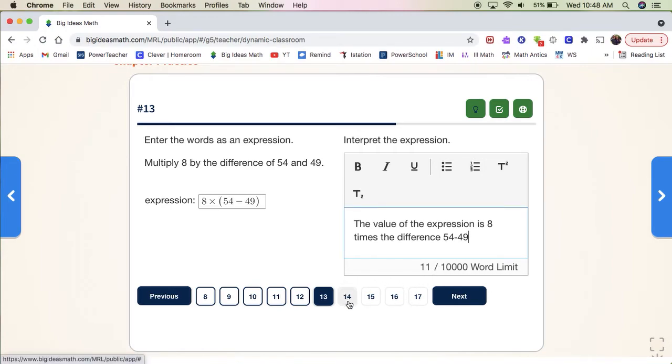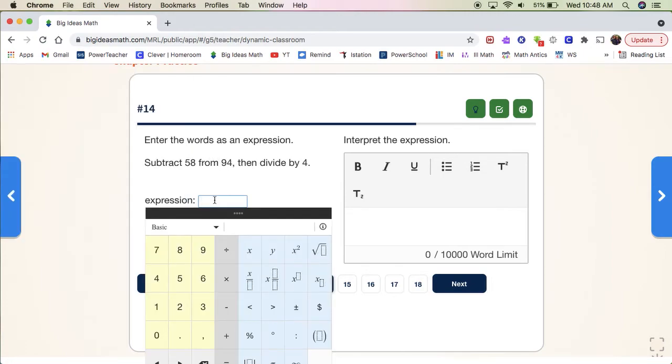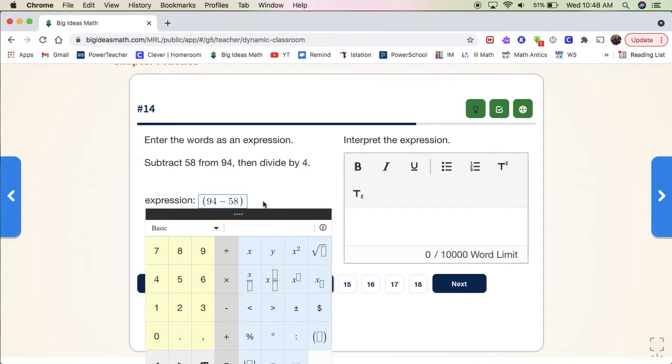All right, let's try the next one. Subtract 58 from 94, then divide by 4. So it's not going to be 58 minus 94. It's going to be 94 minus 58, because you're subtracting 58 from 94. So that's what we have first. And then we're going to take that whole thing and divide it by 4.